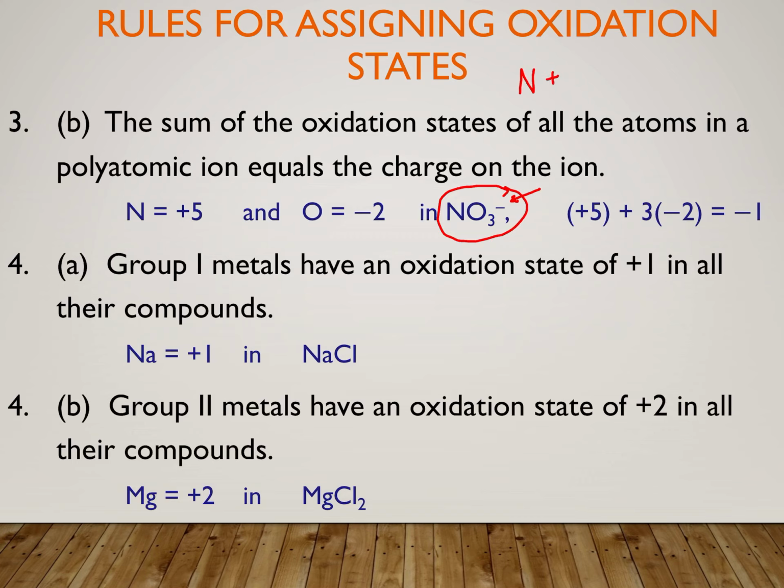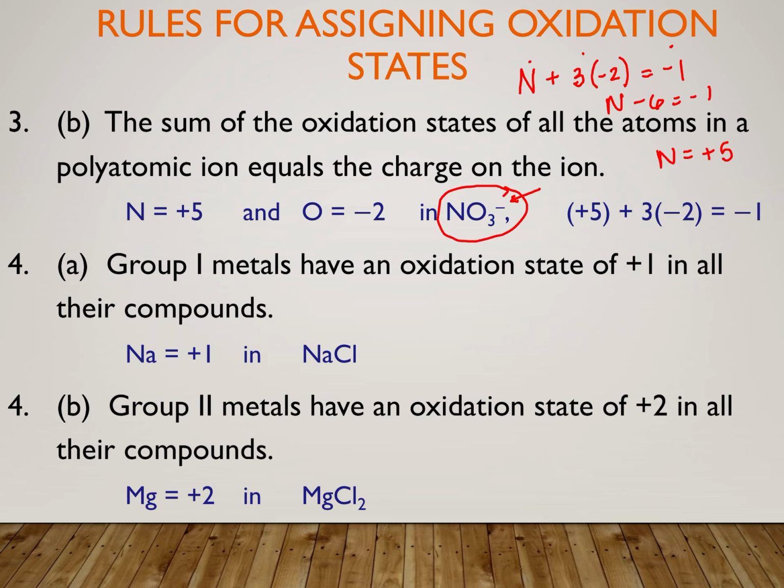Nitrogen plus 3 oxygens, each with a -2 oxidation state, is going to equal -1, the charge on the polyatomic, because the nitrogen plus the oxygens have to equal the charge on the polyatomic. So we get nitrogen minus 6 equals -1, and that's how we solve for nitrogen equals +5.